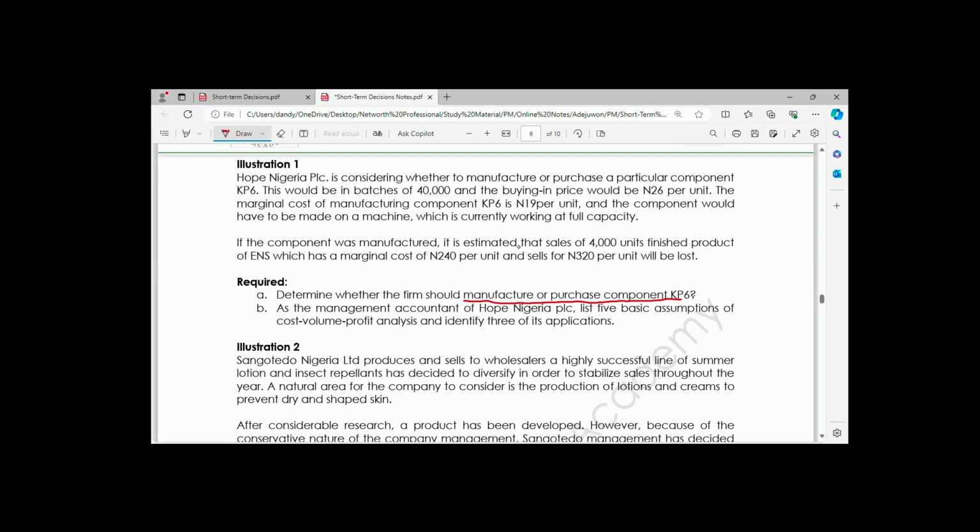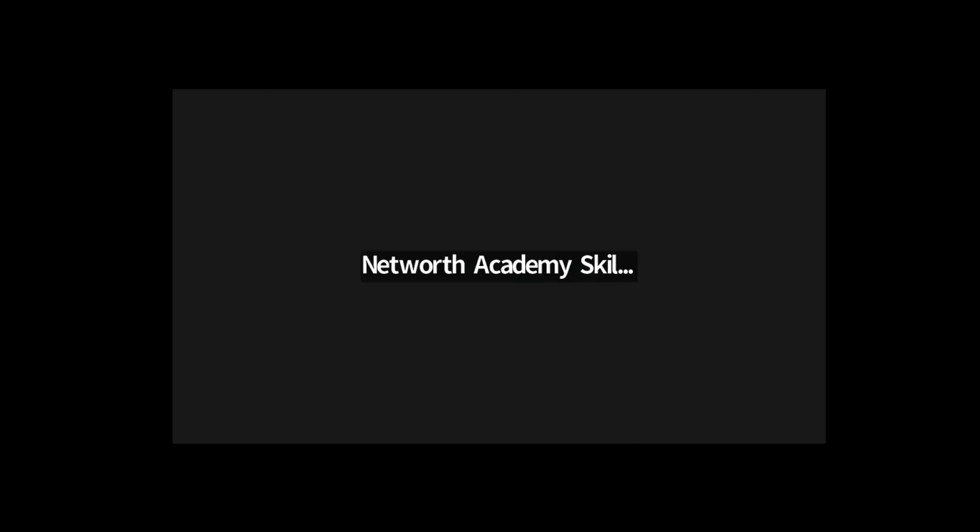So the first thing we are going to do is compare the supplier's quotation versus the relevant cost of making component KP6, whether it will result in saving or deficit to Hope Nigeria PLC. Without wasting more time, let me switch to the working notes so that we can quickly solve that and move to the next one.